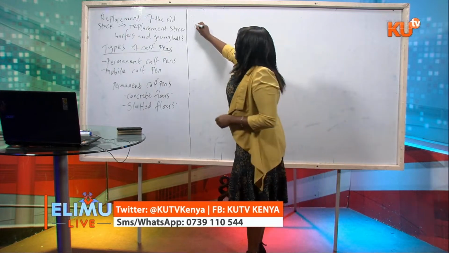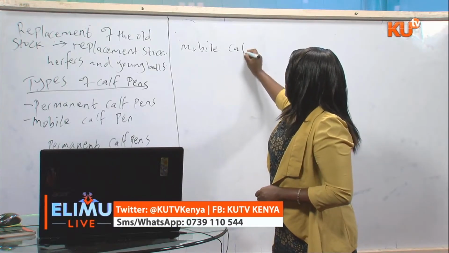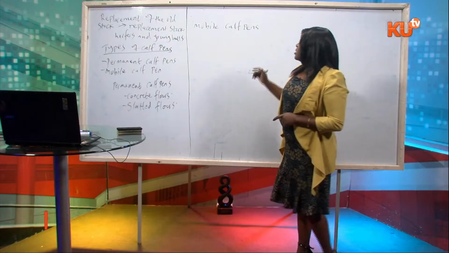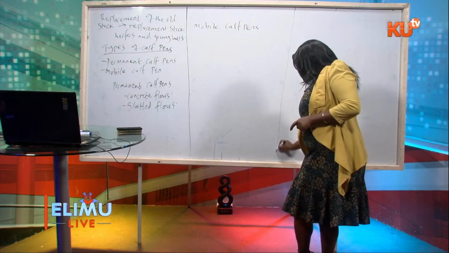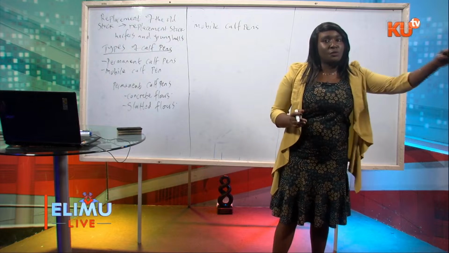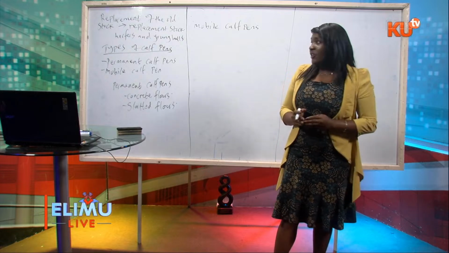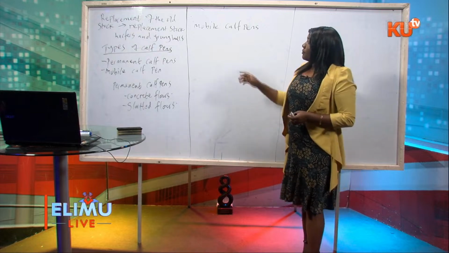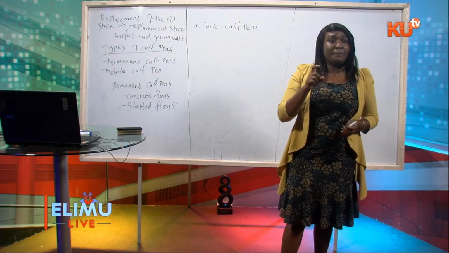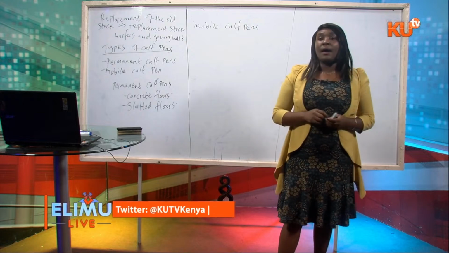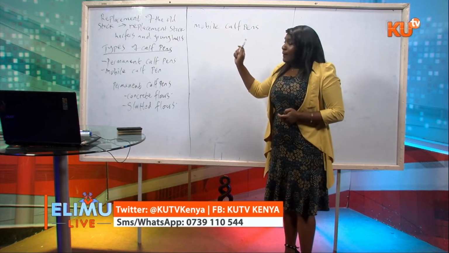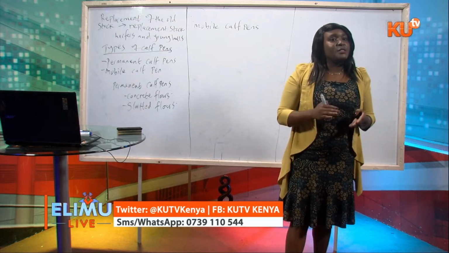So the mobile calf pens, dear learner, can easily be moved even after 2 days. Where you had placed it, you move it, and of course you move together with the calf so that you get fresh pastures. Now, because the calf is feeding on the pastures that are growing on the ground, you realize that the floor of that calf pen is not covered.